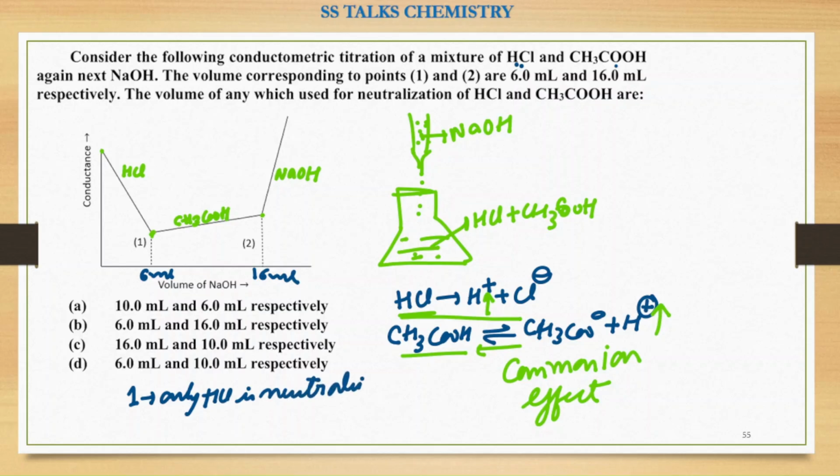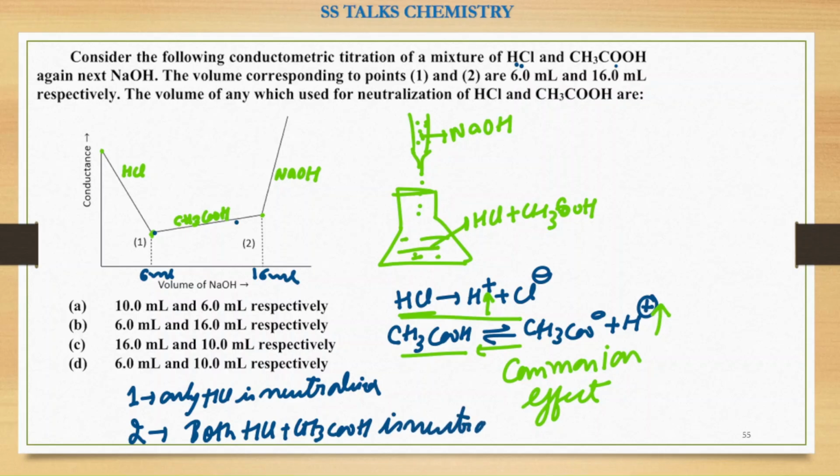But at point 2, HCl has been neutralized and along with it the acetic acid has also been neutralized. So at point 2, both the HCl plus the acetic acid have been neutralized.